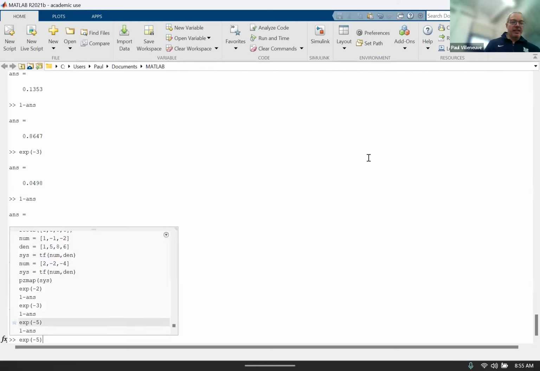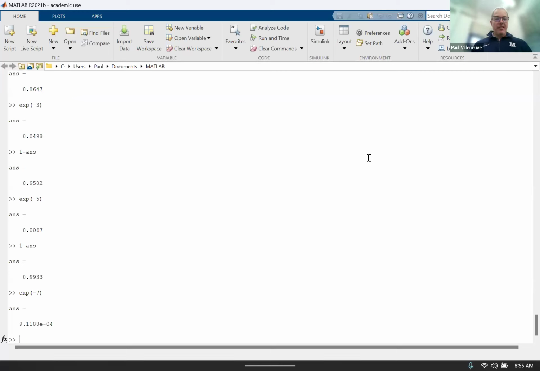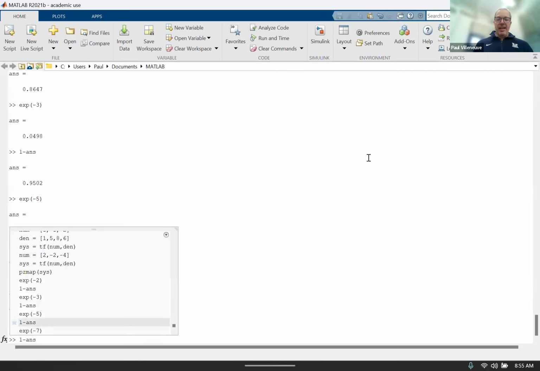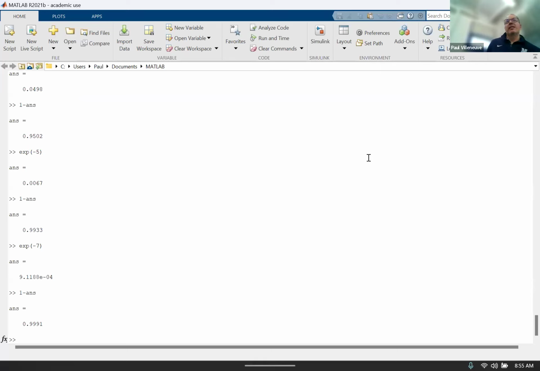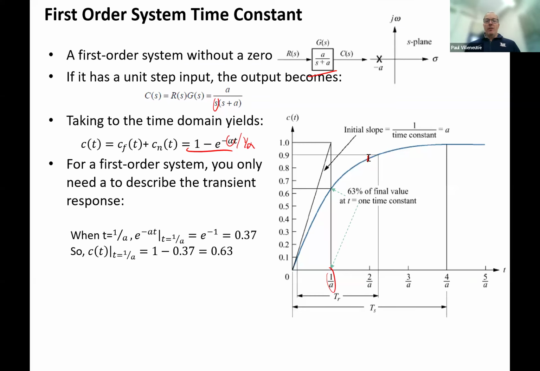And if you really need super precise, I've not seen it a lot, but I have seen people talk about 7. 99.9% of the way there. So we'll split the difference and we'll call it 5%. So at 5 time constants, we're at 99.5% of our final value. We're good to go.